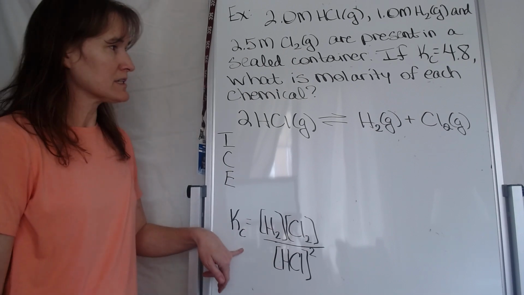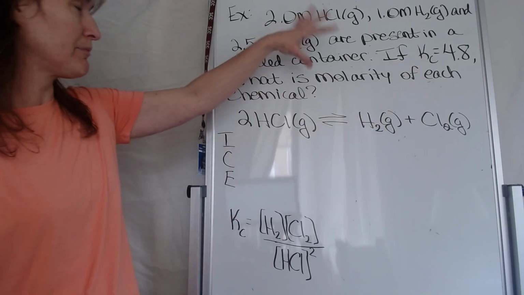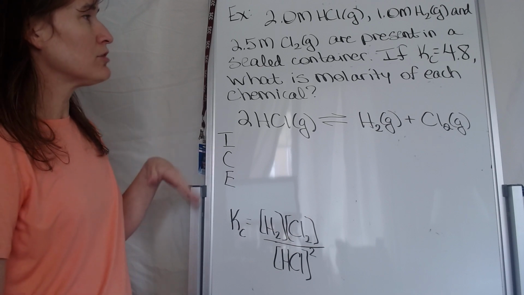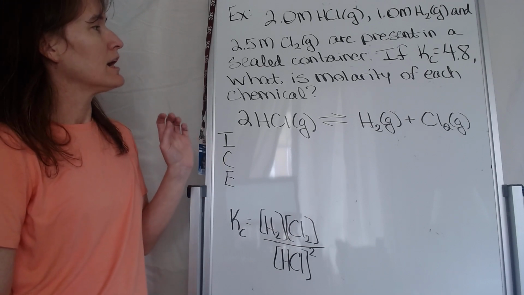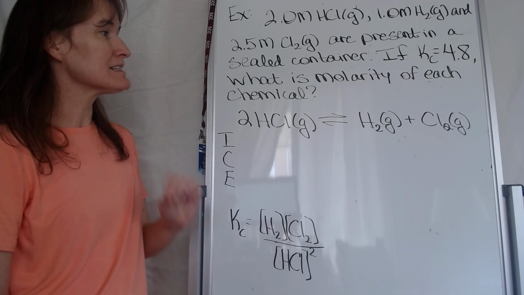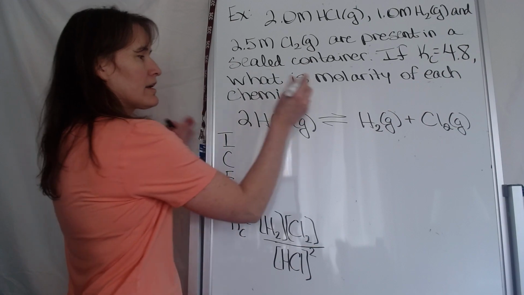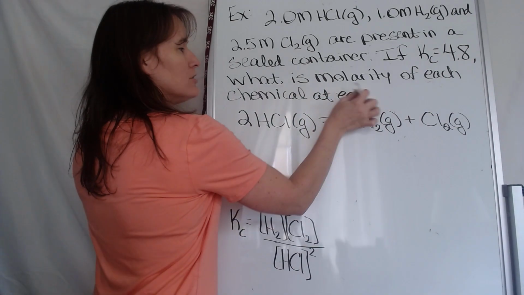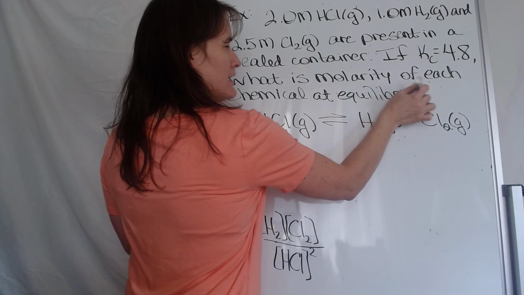Okay, so step 1, write down the reaction. Step 2, write down the expression. This is a K sub C expression, because here's your K sub C, and you've got a bunch of molarities. So if you look, it says you have 2 molar HCl, 1 molar hydrogen, and 2.5 molar chlorine, and they're present in a sealed container. This is how much there is, and you don't know if it's at equilibrium or not.